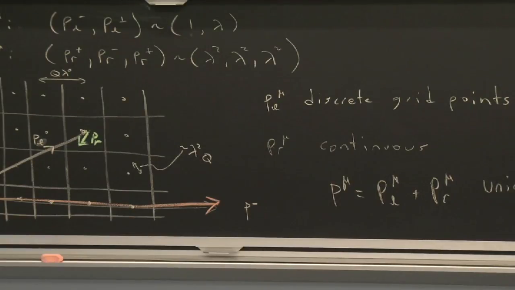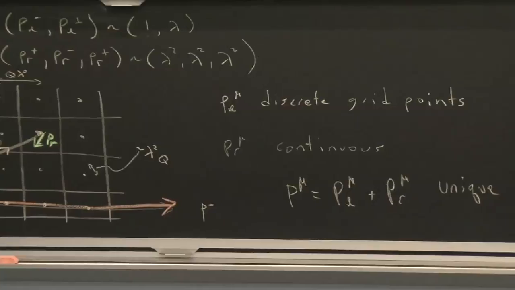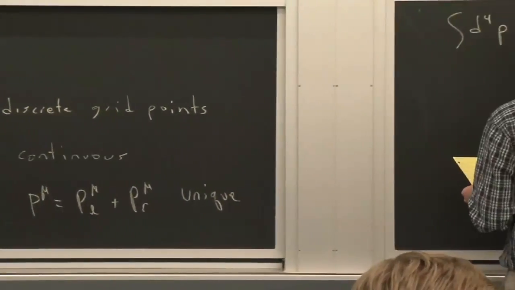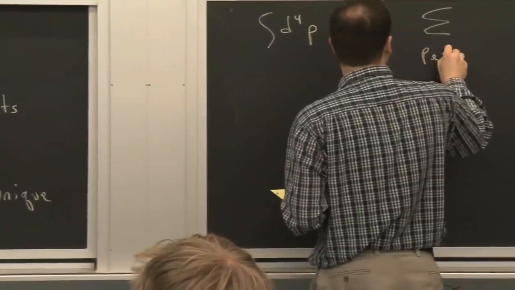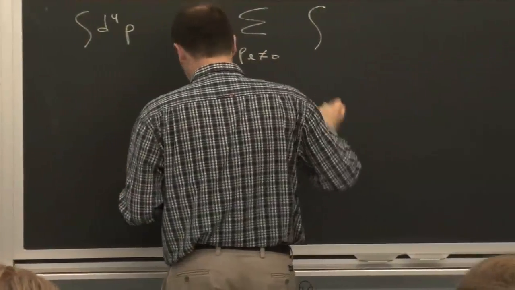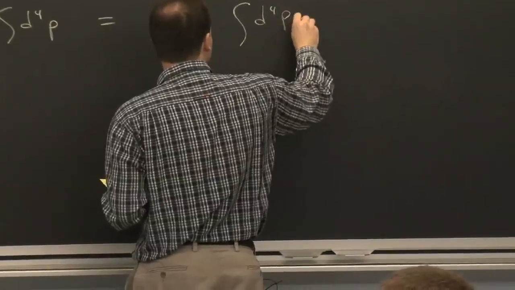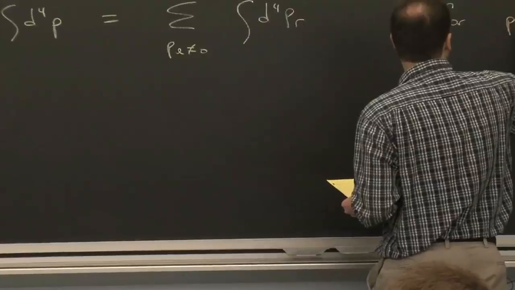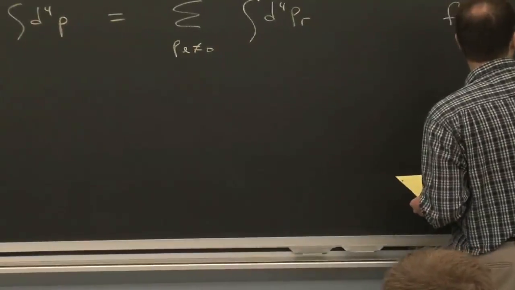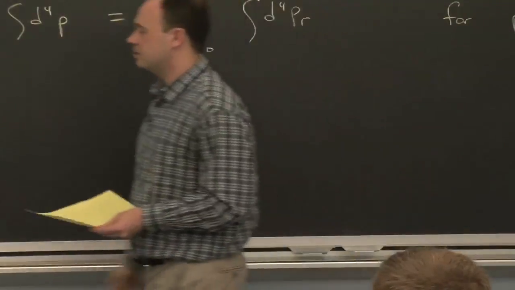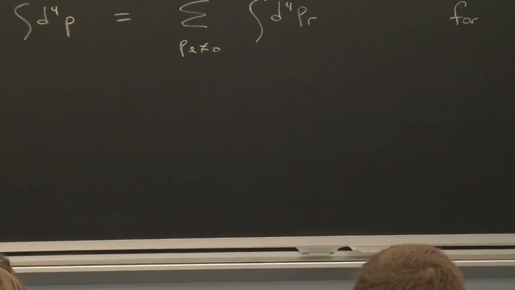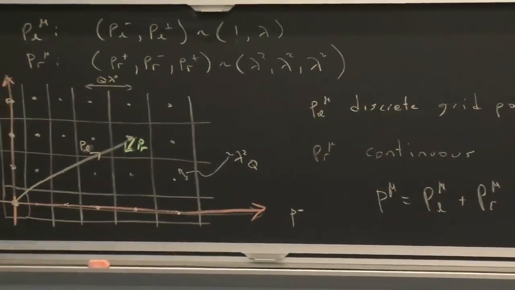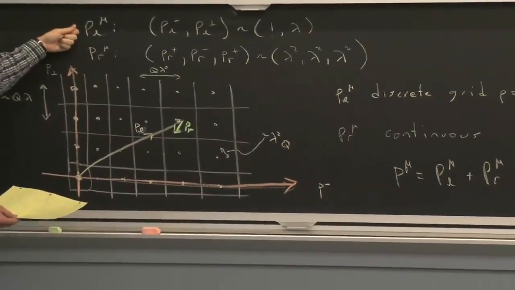So what about integration? If I integrate over all P, and P is collinear, what does that mean? It corresponds to summing over all the grid points and then integrating over all the residuals, except for one location, the special box that has label equal to 0, because we know that the power counting of the collinear momentum is such that it always has to have a non-zero PL.